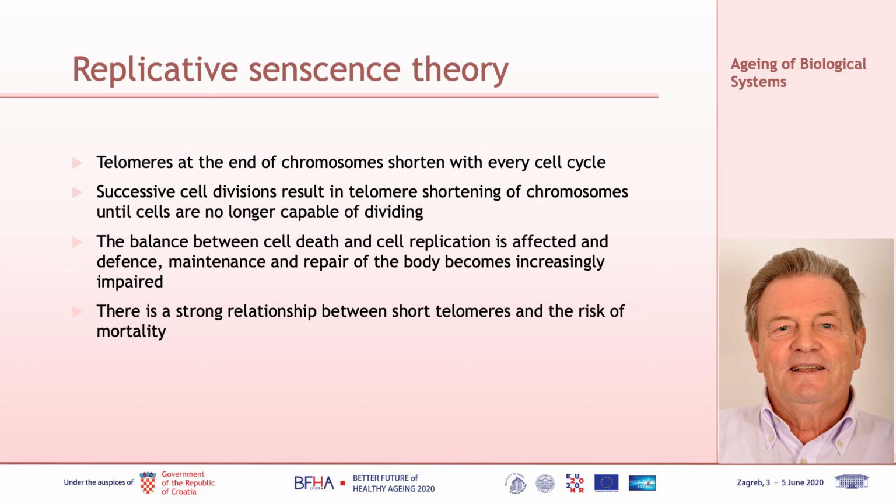Therefore, the balance between cell death and cell replication is affected, and defense, maintenance, and repair of the body becomes increasingly impaired. Telomere length is considered as a measure of biological rather than chronological age, or as a biomarker of somatic redundancy, that is the body's capacity to absorb damage. There is a strong relationship between short telomeres and the risk of mortality.